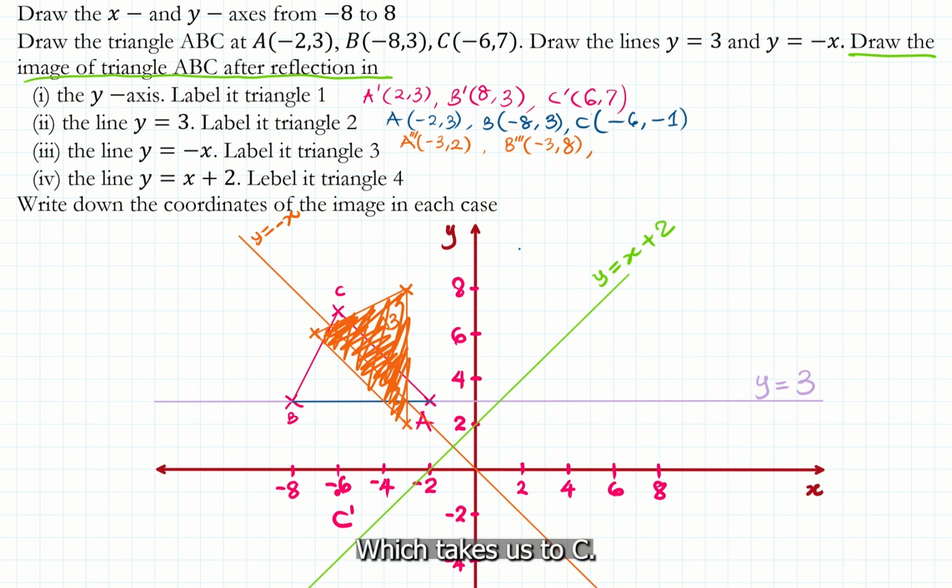Which takes us to C. Well, this will be C after reflection. So that gives us -7, 6.